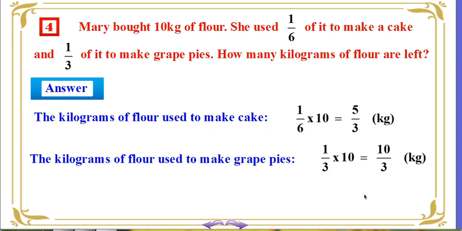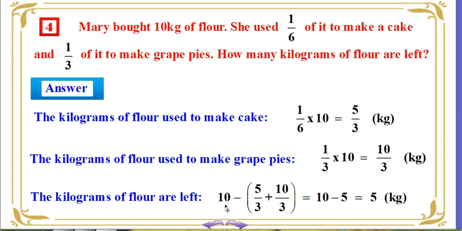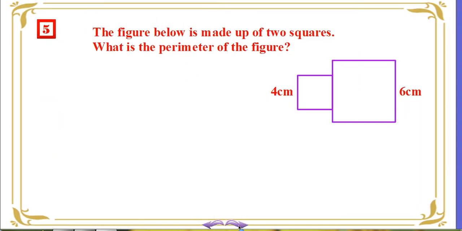The kilograms of flour left: we take 10 minus the sum of 5/3 and 10/3. We get 10 minus 5, resulting in 5 kilograms. We finish solving exercise 4. Now we move on to exercise 5.